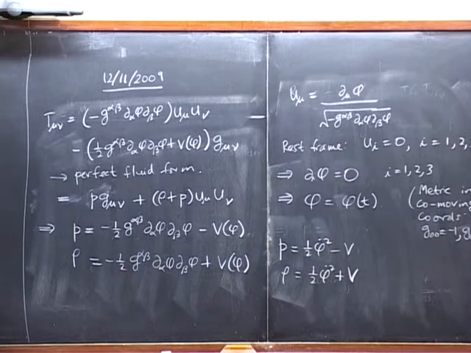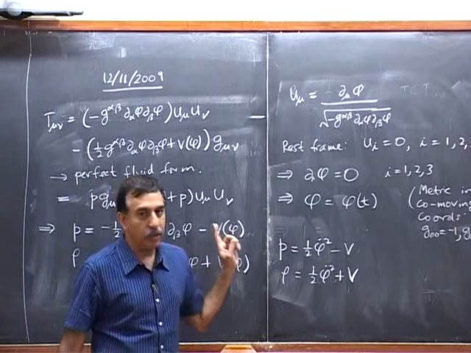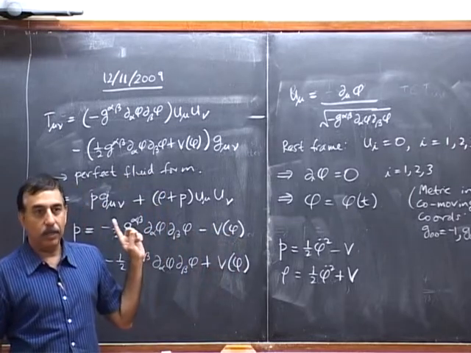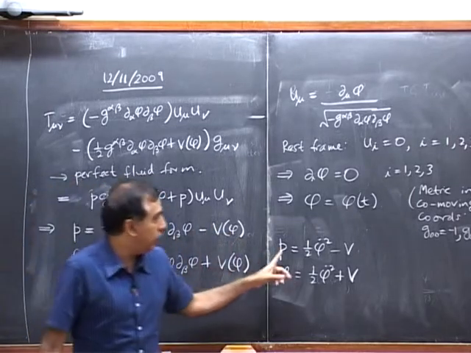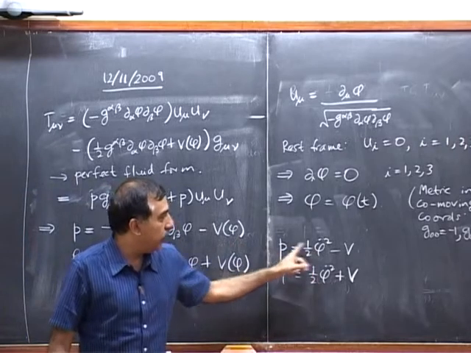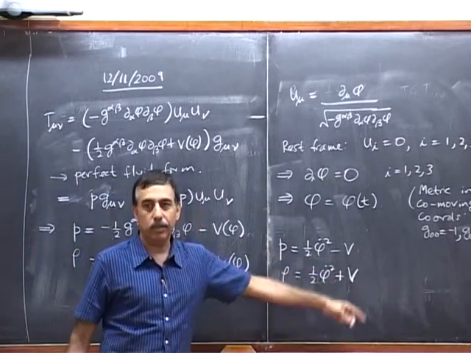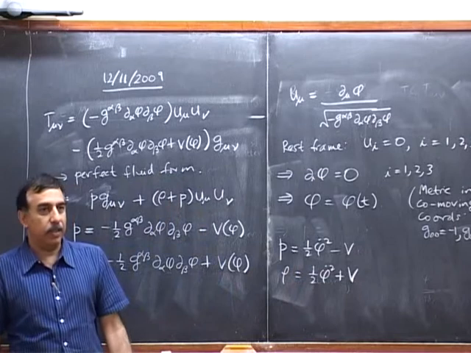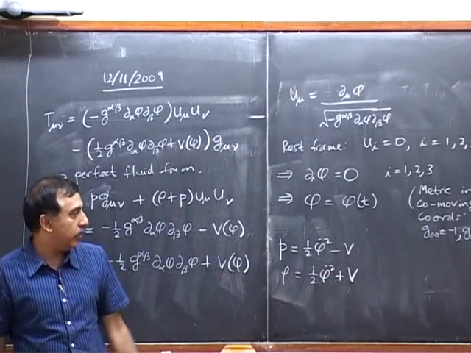So that's simple enough. Now you can see why I panicked about my definition of T mu nu earlier. The definition I had given you earlier would have told me that P is minus of this whole thing and rho is minus of this whole thing. It probably wouldn't have affected some of the Friedmann equation, but some of it would have.